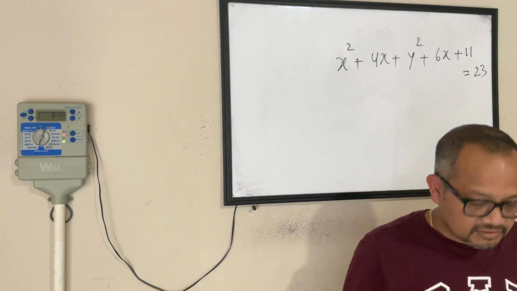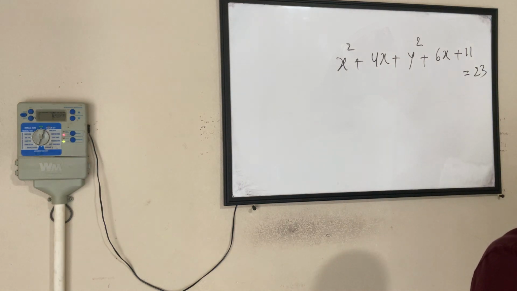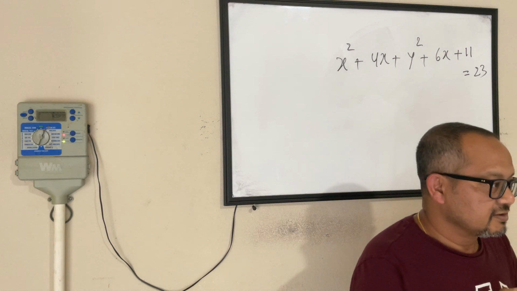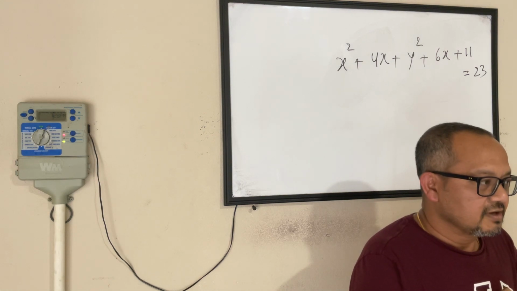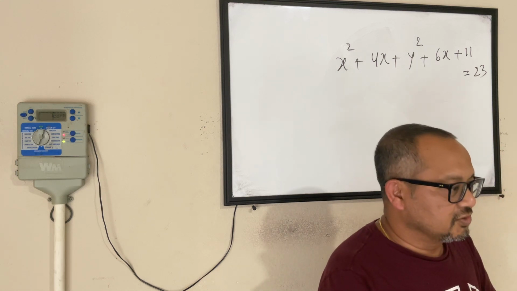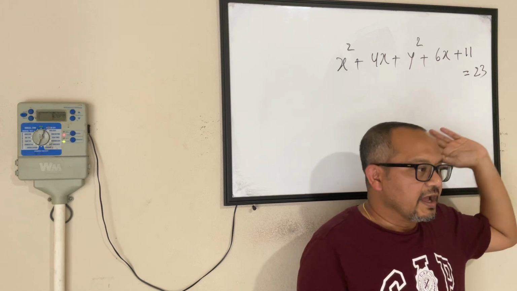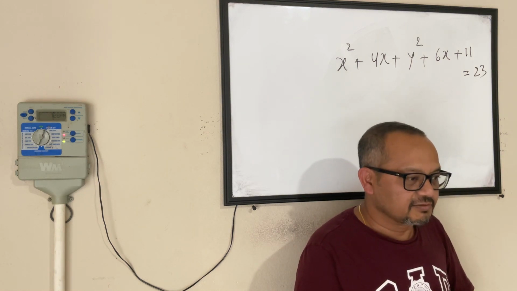Okay, so I have put an equation right now. Just read the equation, and if I say we have to convert this into a standard circle equation. So it is a two-step process. First is convert this into a standard circle equation, and find out the coordinates of the center and the radius of the circle.